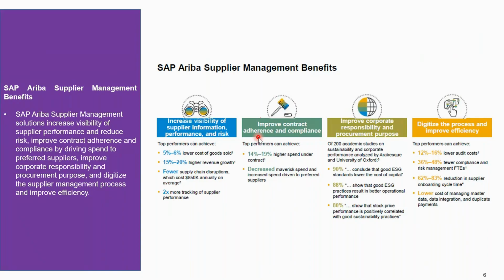For example, if a vendor is not licensed to perform business in a certain area, for example they are not eligible to do business in Texas, they have to give all their certifications in the SLP system. Based on them, they can be automatically disqualified or automatically qualified. So those things are possible in SAP Ariba SLP. They can also improve corporate responsibility for procurement purposes.